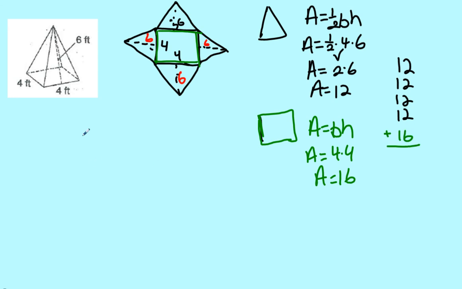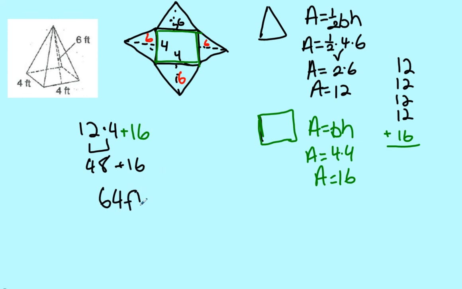Or we could say 12 times 4 gives us the area of all 4 triangles all together, and then add 16. Whichever is easier for you. I'm going to go with this side though. So 12 times 4 is 48, plus 16 is 64, and that's feet.